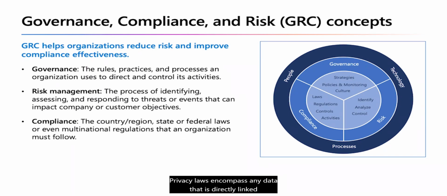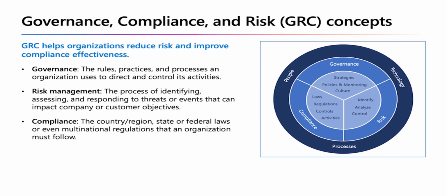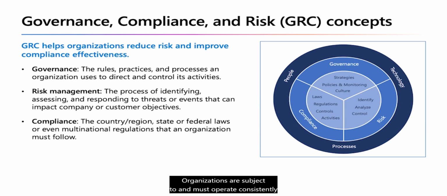Privacy laws encompass any data that is directly linked or indirectly linkable back to a person. Organizations are subject to and must operate consistently with a multitude of laws, regulations, codes of conduct, industry-specific standards, and compliance standards governing data privacy.